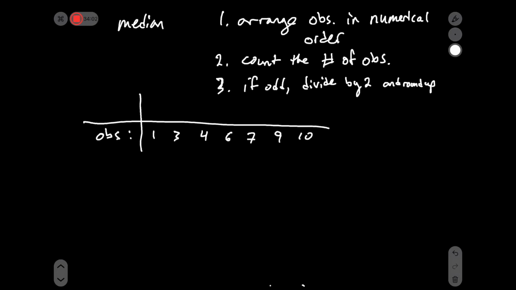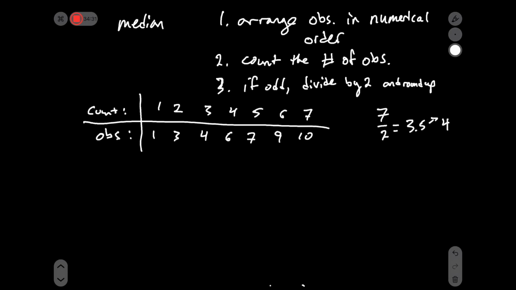Okay, so I've already put them in numerical order, and let's count to see how many we have. 1, 2, 3, 4, 5, 6, 7. Okay, so this is an odd number, so I can take 7 divided by 2, and I get 3.5, and I'll round up. Okay, and that becomes 4.